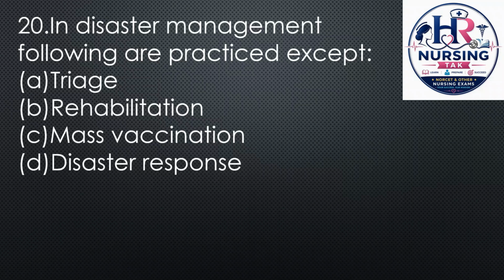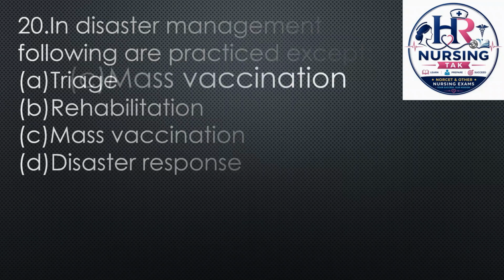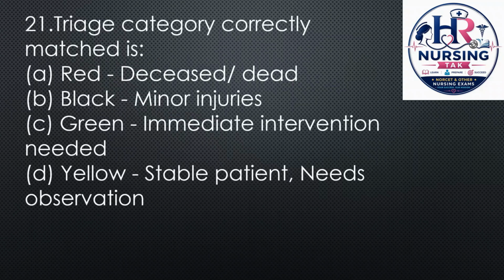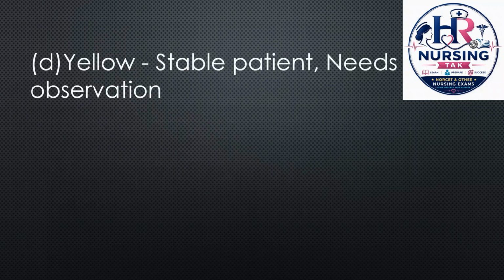D. Disaster response. Answer is C. Mass vaccination. Question 21. Triage category correctly matched is A. Red deceased, dead. B. Black minor injuries. C. Green immediate intervention needed. D. Yellow stable patient, needs observation. Answer is D. Yellow stable patient, needs observation.